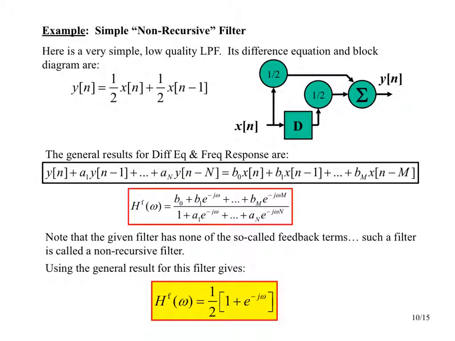If we apply this idea to this, we get as our frequency response something that looks like that. So that's a very easy transition from difference equation to frequency response, and technically we can leave it like that. That's our complete general result for the frequency response.